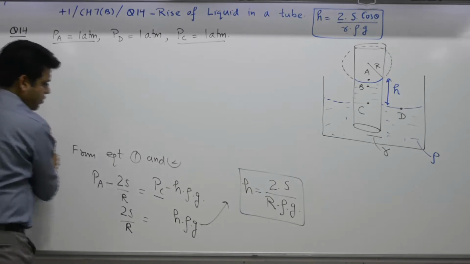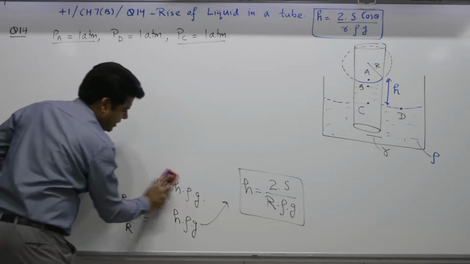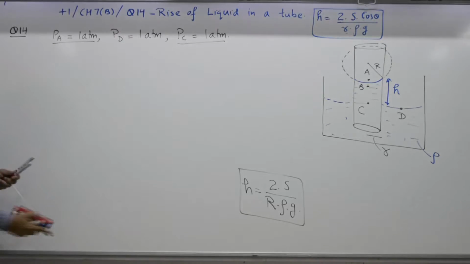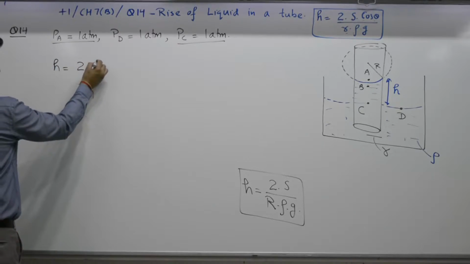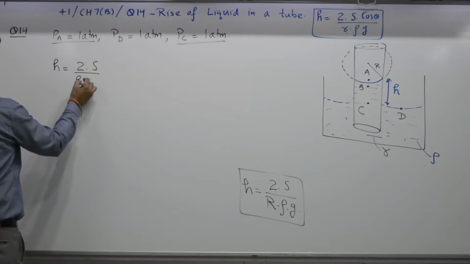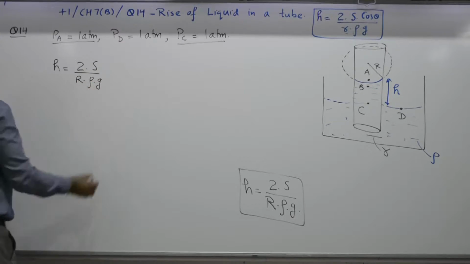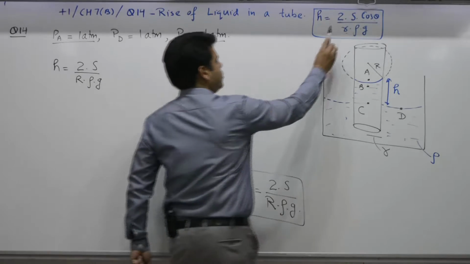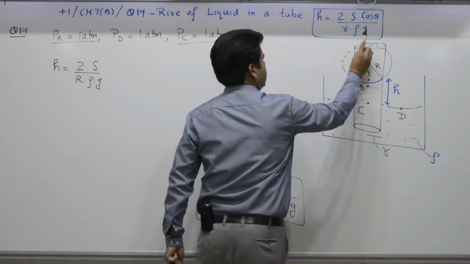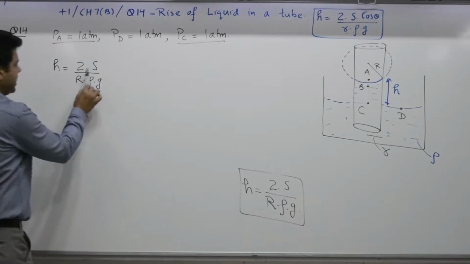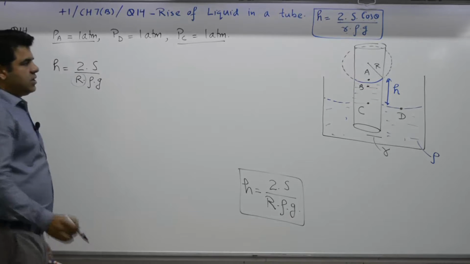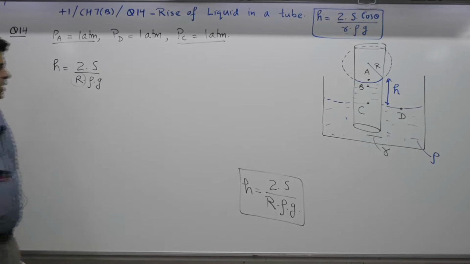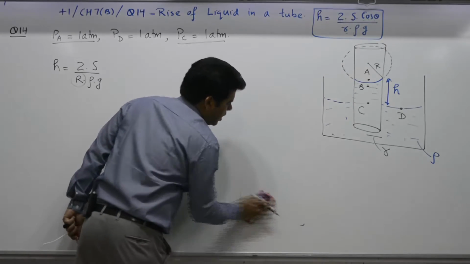Now, what you have proved in the last step is h equals 2S by R rho g. But the formula is 2S cos theta by r rho g. So 2S and rho g are there. We need to find out the relationship between capital R and small r.